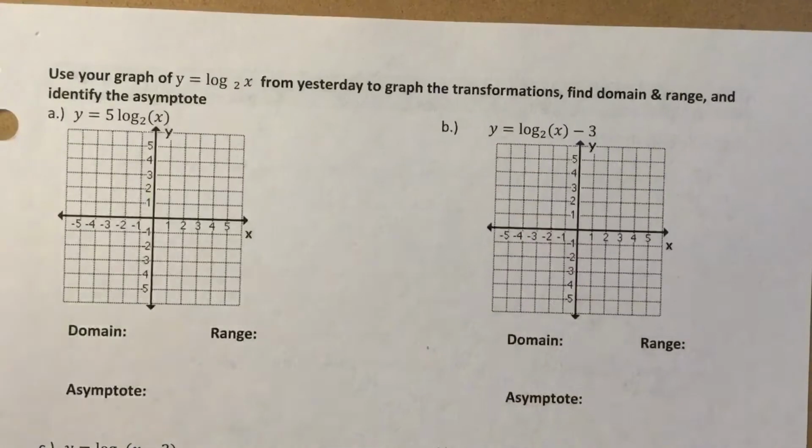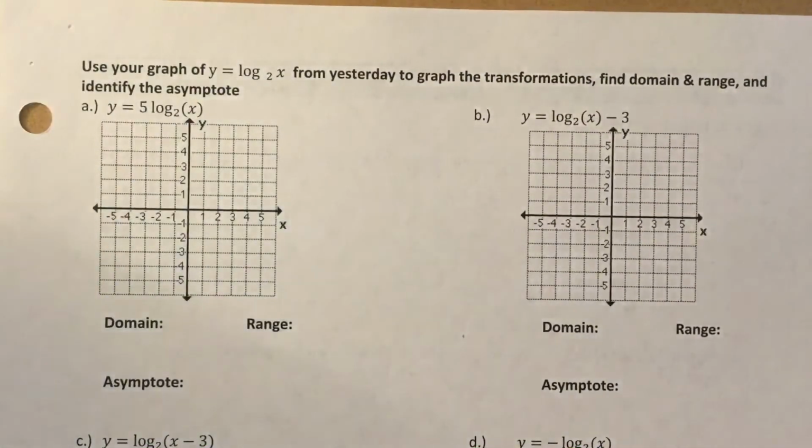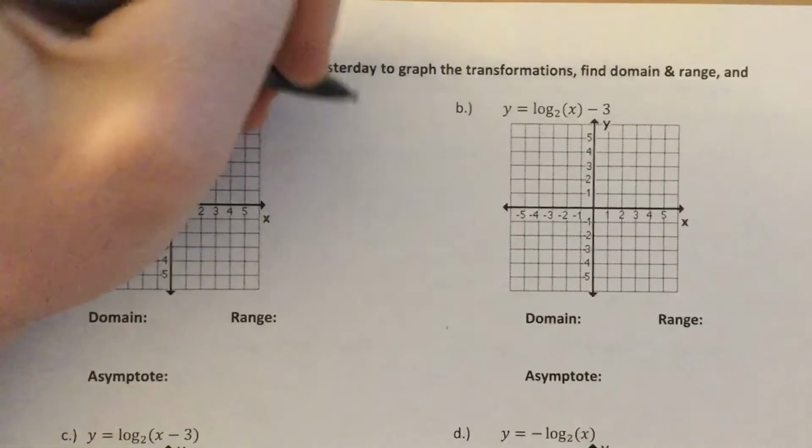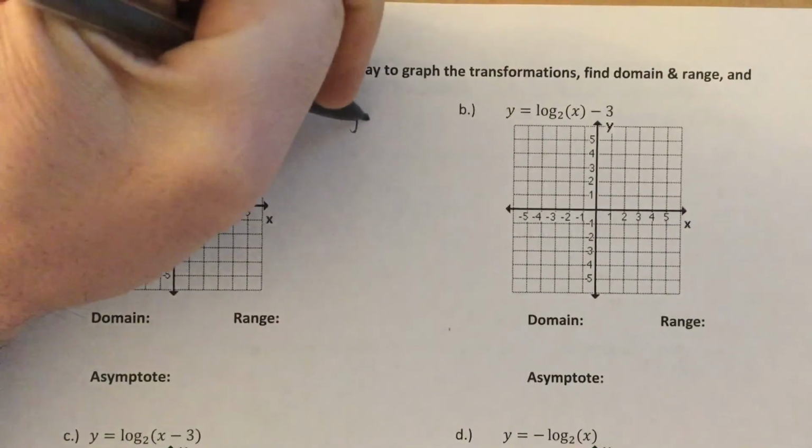All right, so now we're going to look at graphing a few of these. So it says use your graph of y equals log base 2 of x from yesterday to graph the transformations, find the domain and range, and identify the asymptote. So our table for y equals log base 2 of x that we used on page 29, here's the log base 2 of x table.